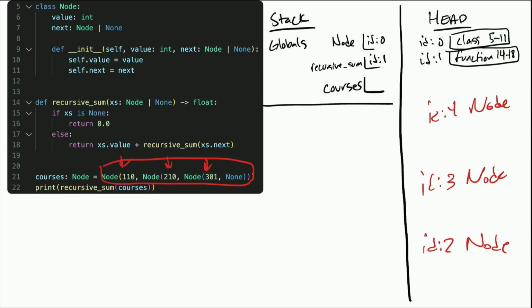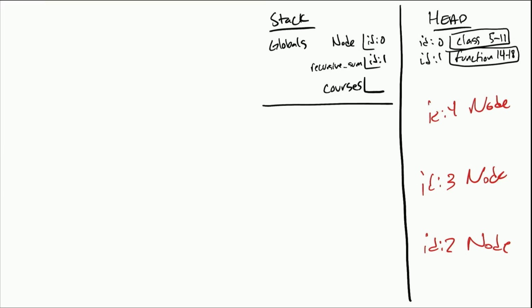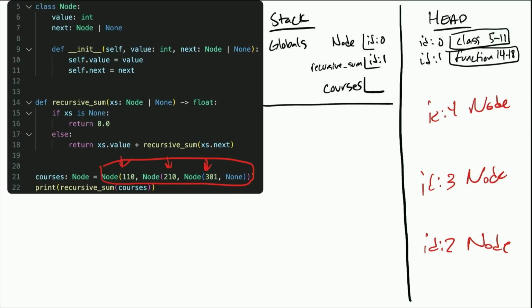My thinking on why we're doing this will make sense when we get there, and it's not a requirement. Of course, the locations of these don't actually matter. It's only the references that matter. But this will help motivate the recursive process later. So go ahead and pause the video here and try completing this in your diagram.